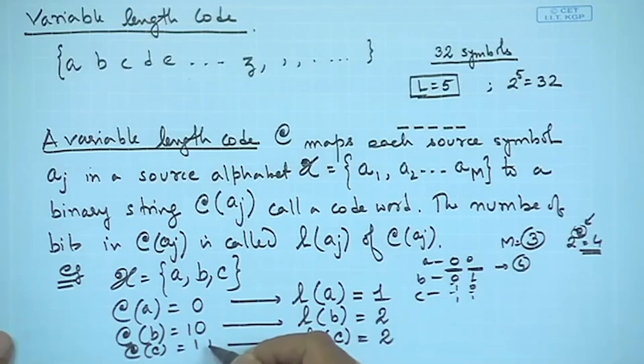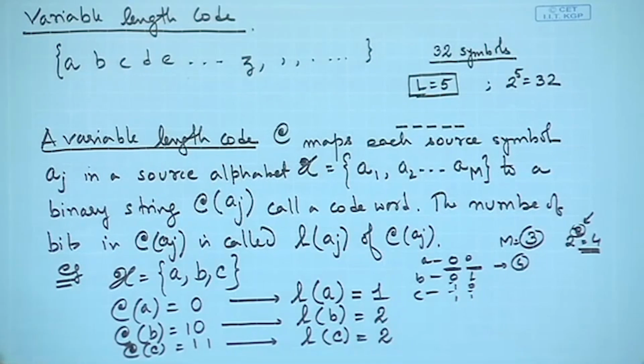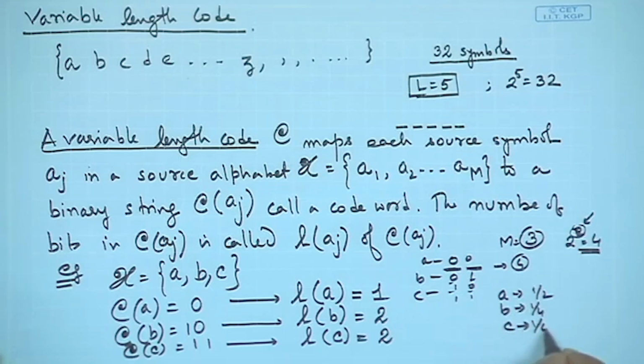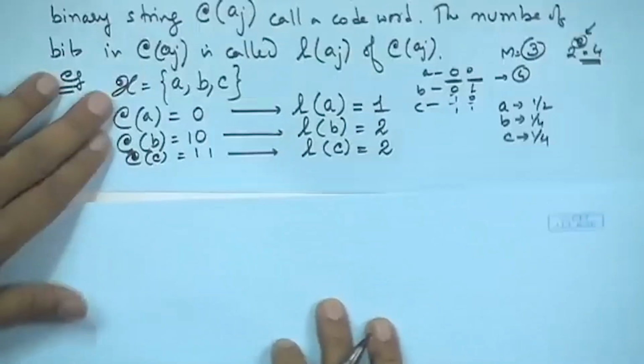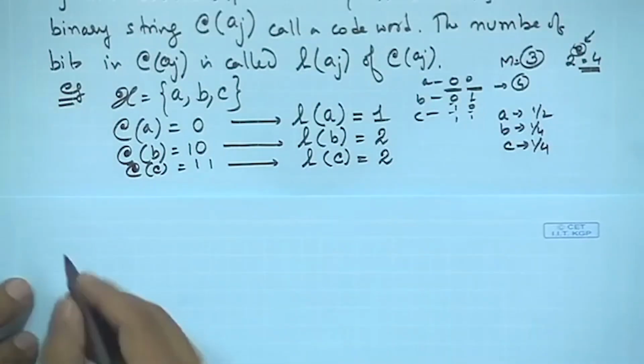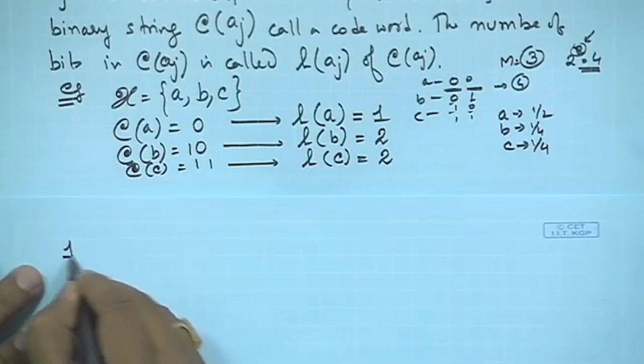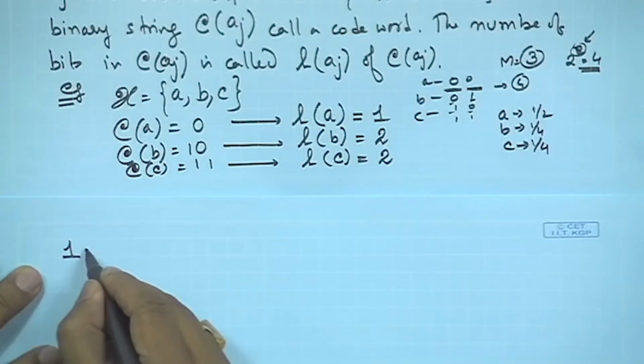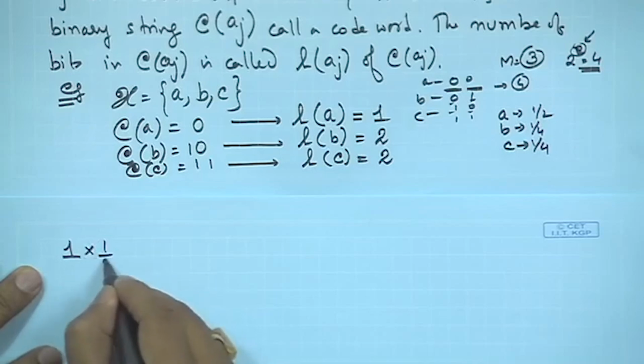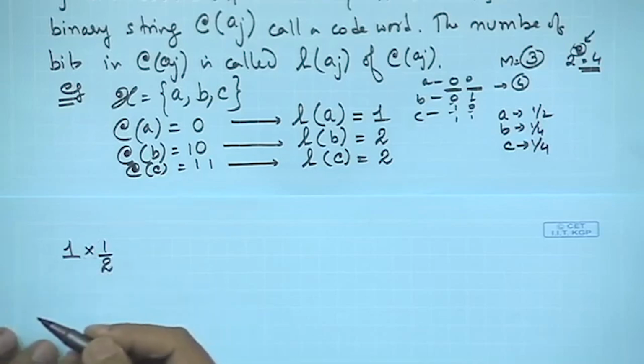Now, if we try to see whether it gives us an advantage or not, suppose A comes with a probability of half, B comes with a probability of 1/4 and C comes with a probability of 1/4. If we take this particular example, then whenever A comes we get 1 bit. How often does A come? Half of the time.